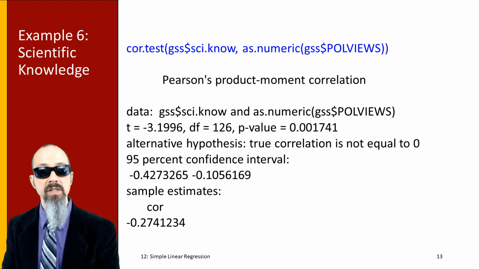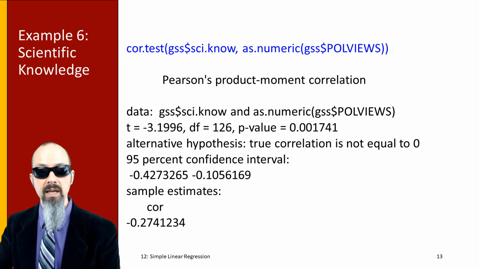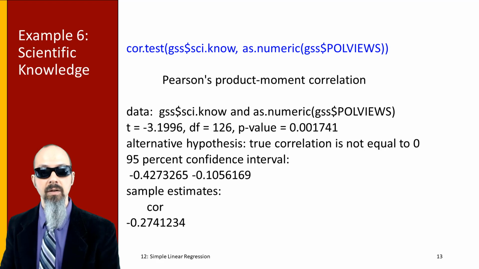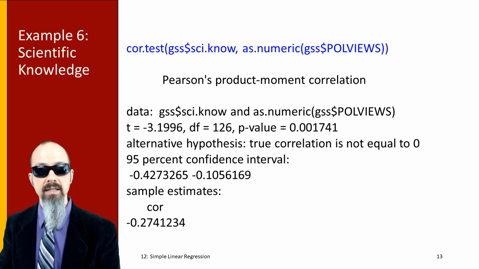It is a very small p-value, 0.002 rounded, and it has a small to moderate, closing in on a moderate correlation here, and it's negative. So that's saying that as my ranks of political values increase, I tend to have a lower scientific knowledge score. Again, it's in that moderate scale, so it's not an extremely strong correlation.